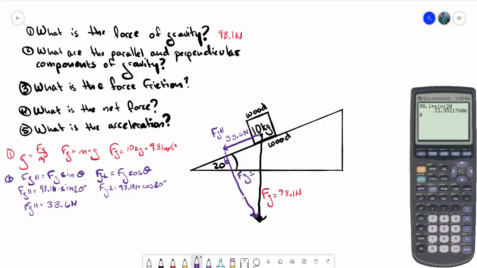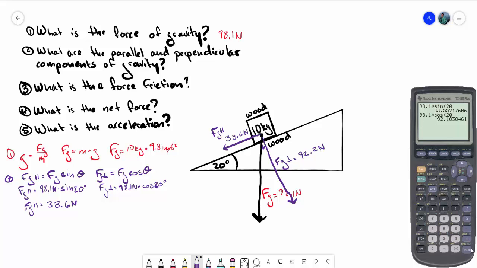And if we move the force of gravity perpendicular back to its original position, and punch this equation in again, but rather use the cosine of theta, cosine 20 degrees, we will get force of gravity perpendicular equal to 92.2 newtons.